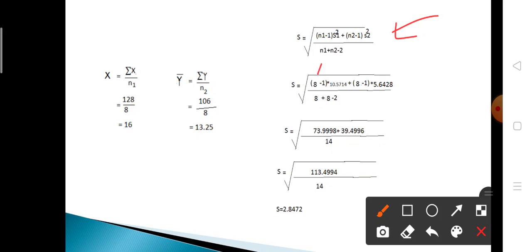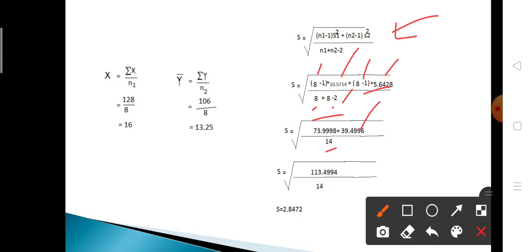So N1 is 8, 8 minus 1 into S1 square, which is 10.5714, N2 is 8, 8 minus 1 and S2 square value is 5.6428, whole divided by 8 plus 8 minus 2. So 8 minus 1, that is 7. 7 into 10.5714 is 73.9998. Now 7 into 5.6428, that is 39.4996, whole divided by 8 plus 8 minus 2, that is 14.